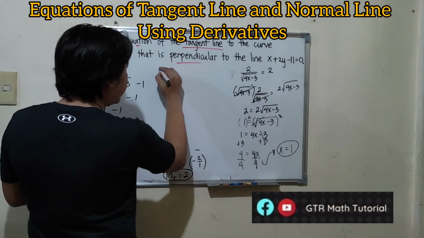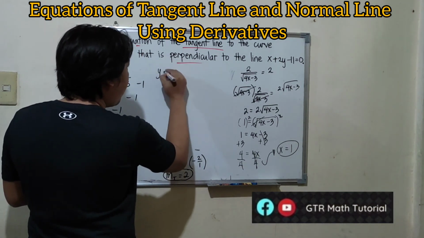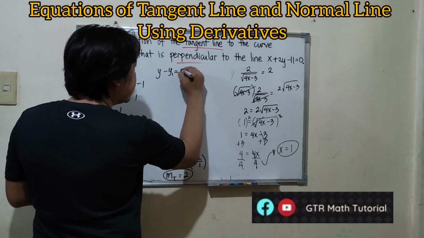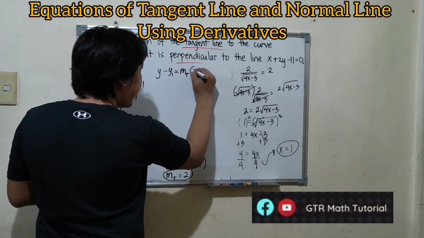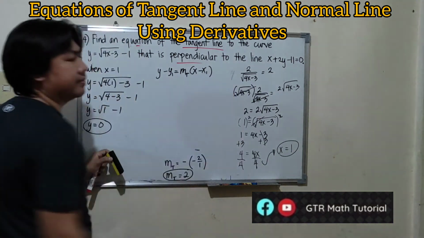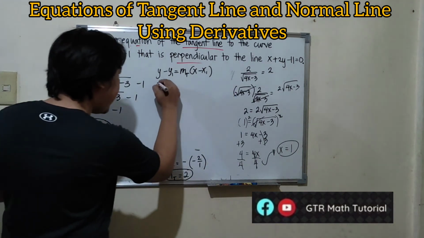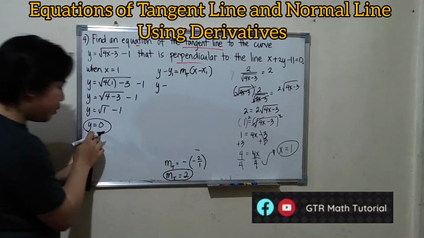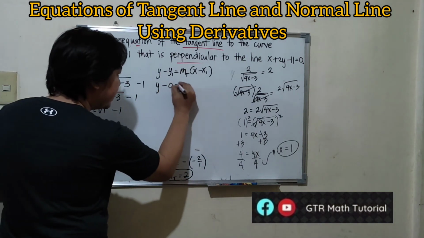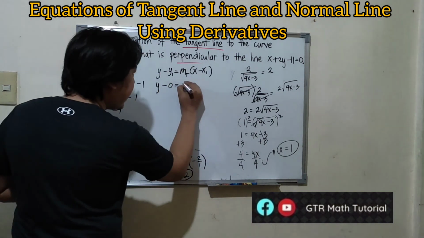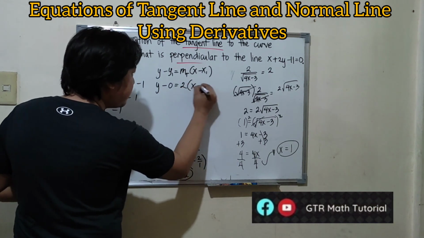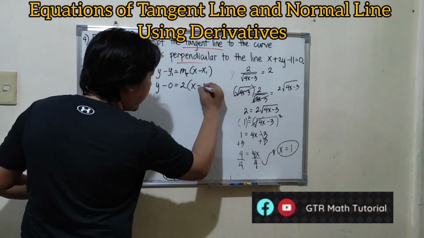So substitute the given to this formula. Y minus y sub 1 equals slope of the tangent line times x minus x sub 1. Okay, so substitute all the given. We have y minus y sub 1, that is 0, equals the slope of the tangent line 2 times x minus x sub 1, that is 1.